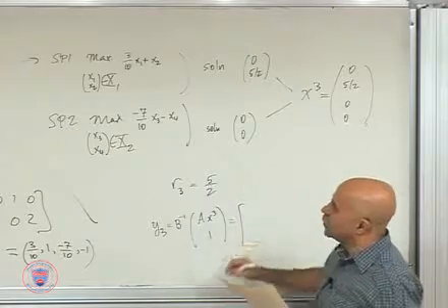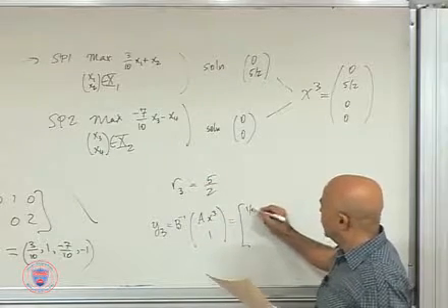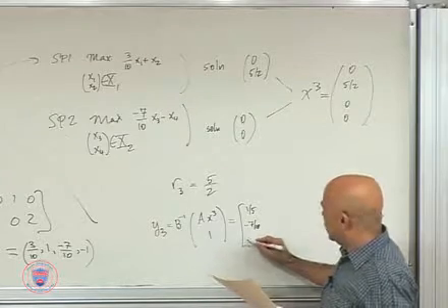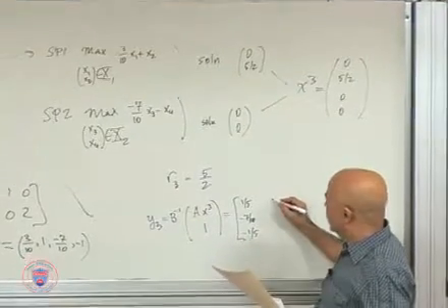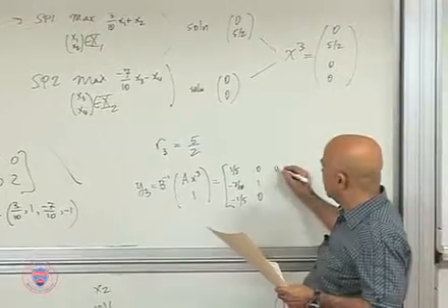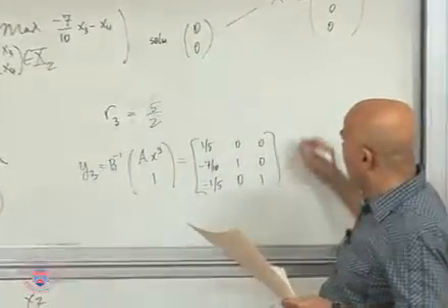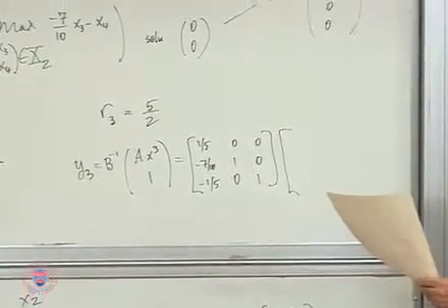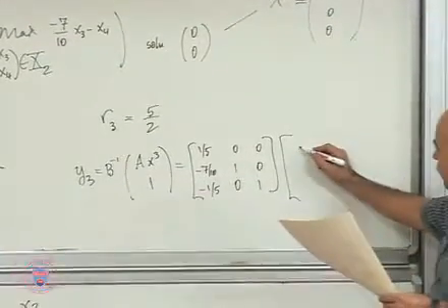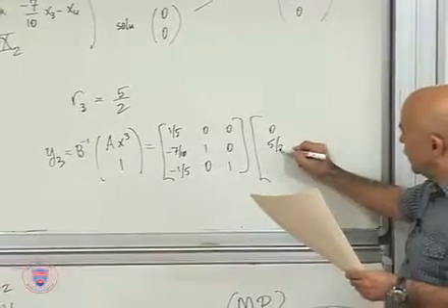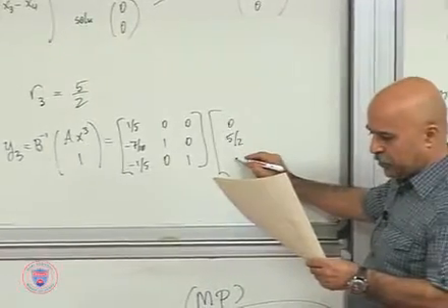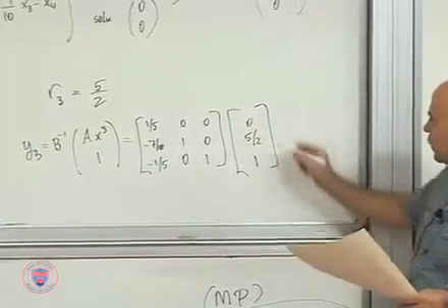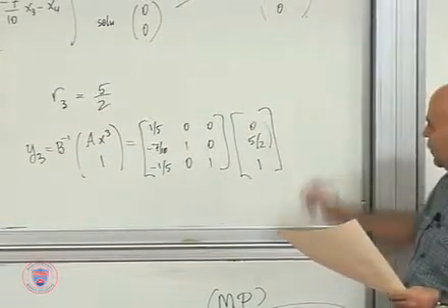B inverse is what you see up there, 1/5, minus 7/10, minus 1/5, 0, 1, 0, 0, 0, 1, times AX3. Well, you can compute AX3. It turns out 0 and 5/2. And then you have, of course, A1 here. That's your AX3, okay?